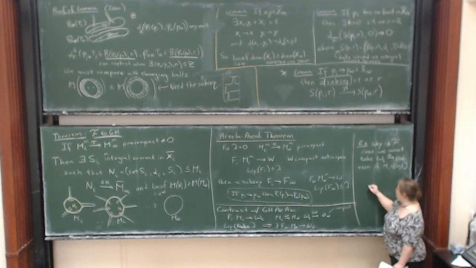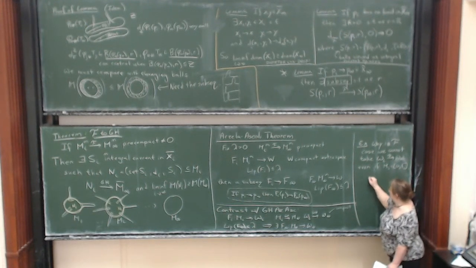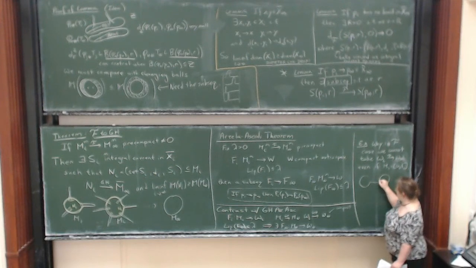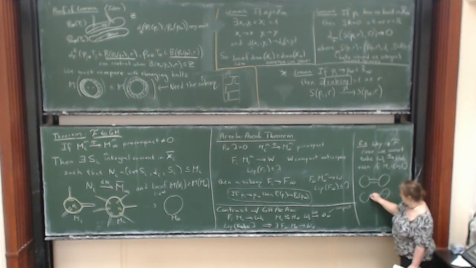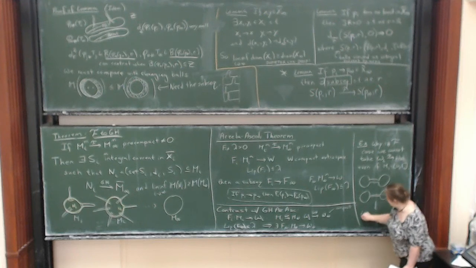And the image is the one that I drew in the beginning. You have this guy, and then a thin one. And the flat limit is two separate spheres.